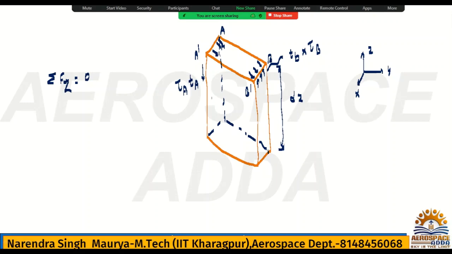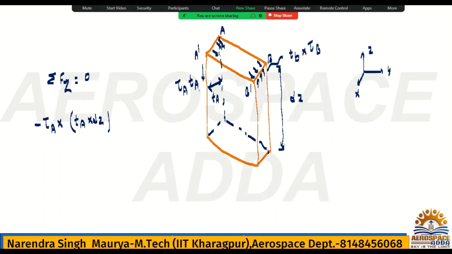Okay, so this is nothing but thickness t_A, and dz is the perpendicular distance. So t_A into dz will be the area, and what will be the stress? It is tau A at this end. So in the vertical direction, because it is going downward, it is tau A stress into area. Area is nothing but t_A into dz.